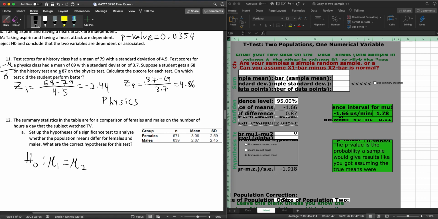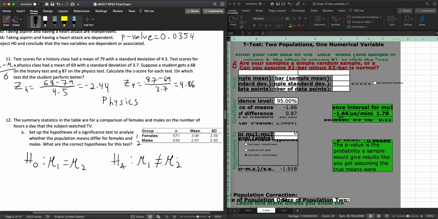And here I'm letting the females be group 1 and males be group 2. Likewise, we want to see if the population means differ for females and males. So the alternative would be a two-tail hypothesis test. Mean 1 does not equal mean 2. Okay?